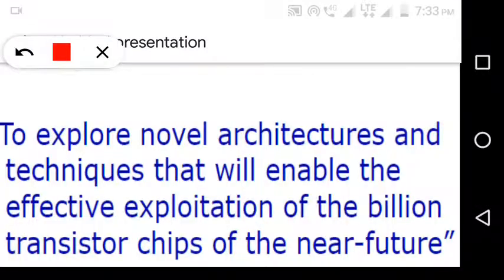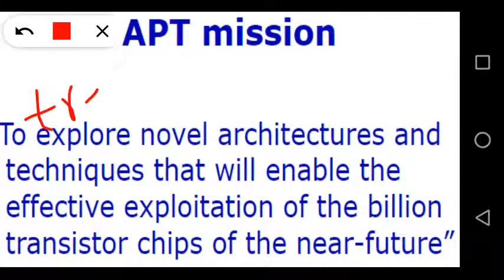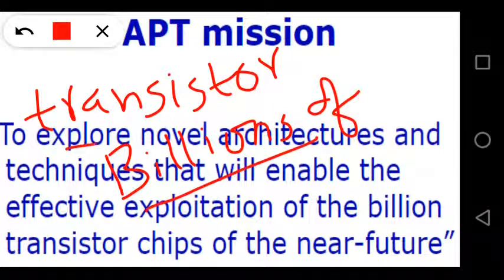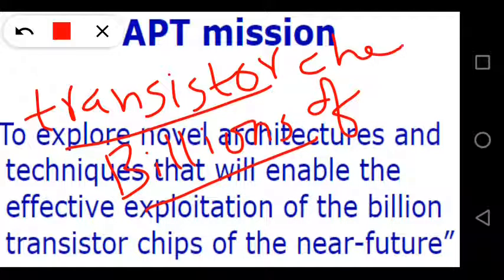It's very important to understand these terms. Billions of transistor chips.